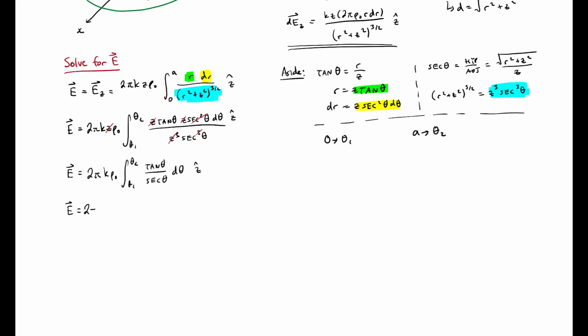E is equal to 2 pi k rho naught. So tangent is sine over cosine, and then secant is 1 over cosine. So essentially, this is going to cancel out, so we have sine theta over cosine theta over 1 over cosine theta. So your cosines are going to cancel out and you end up with a sine.